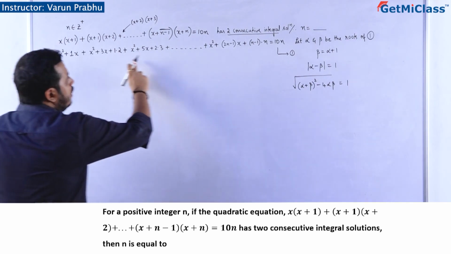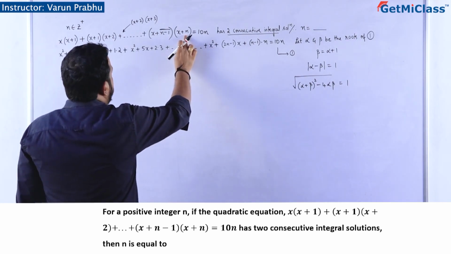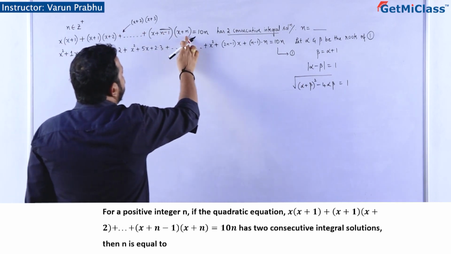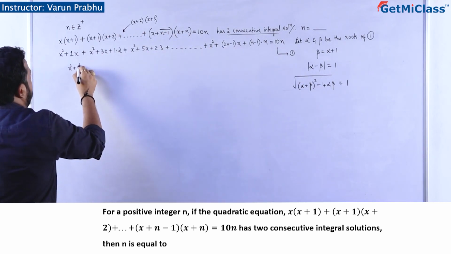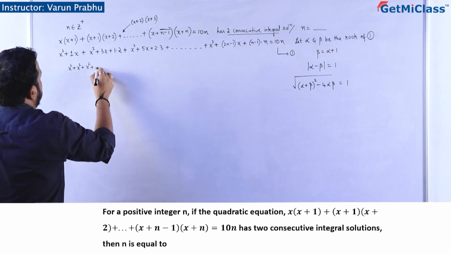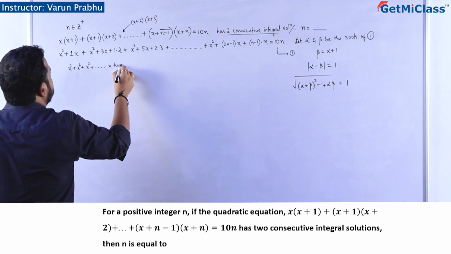You can clearly see that how many terms are there basically here? N terms are there, yes or no? Every term is getting multiplied, so n terms. So I can group this like this: x square plus x square plus x square plus so on up to n terms, correct?